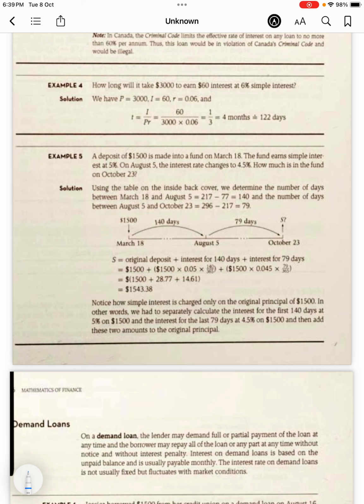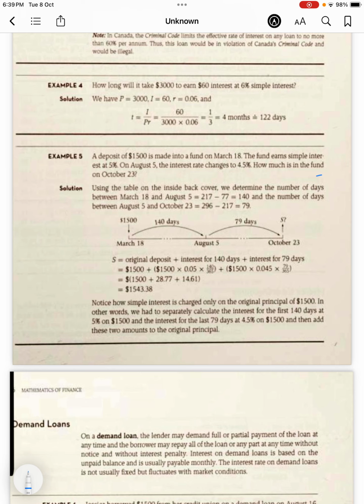On August 5, the interest rate changes to 4.5%. How much is in the fund on October 23? First of all, you have two interest rates.